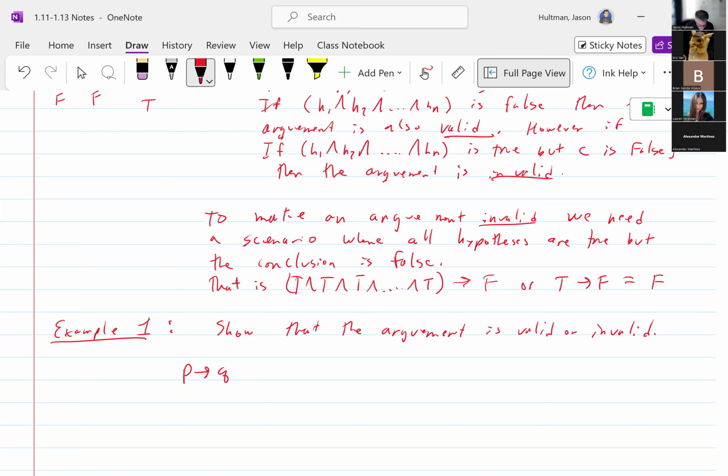Well, P goes to Q and P and Q, therefore Q. If I have two hypotheses, P goes to Q, P and Q, therefore Q. Okay, we can think of this as P goes to Q and P and Q implies Q.